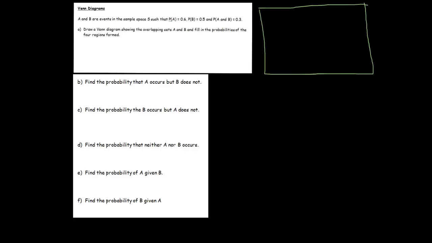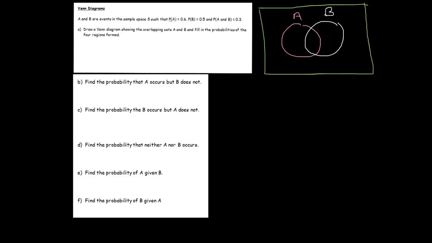So let's let this red circle be the event A. Let's let the white circle be the event B. Now you overlap them to account for the possibility that there are events that are in both A and B, and we know that's true because the probability of A and B is 0.3. Now here's where you've got to be a little bit careful or thoughtful about filling in the probabilities.